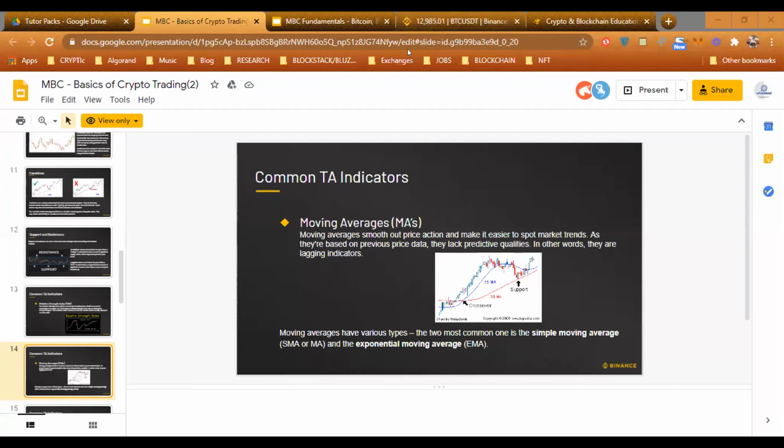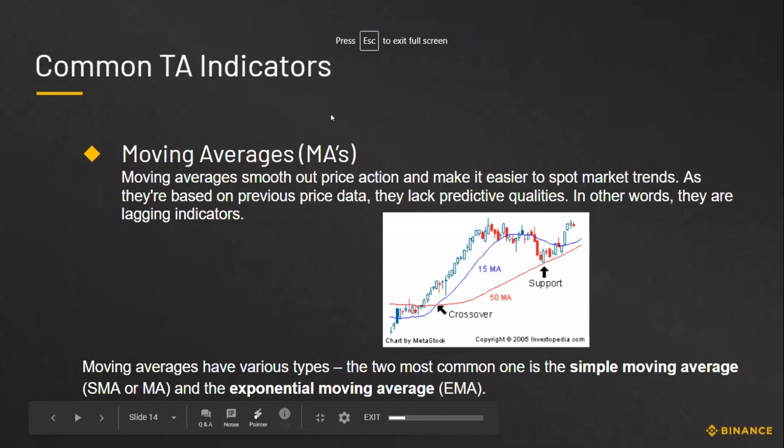Right, so let's look at moving averages. Moving averages smooth out price action and make it easier to spot market trends, as they're based on previous price data. They lack predictive qualities.